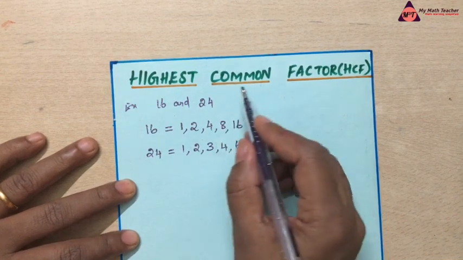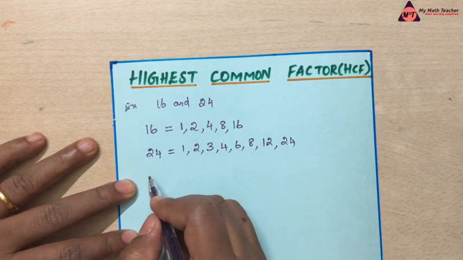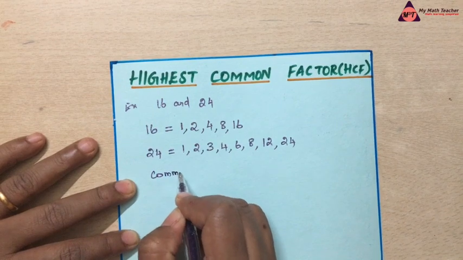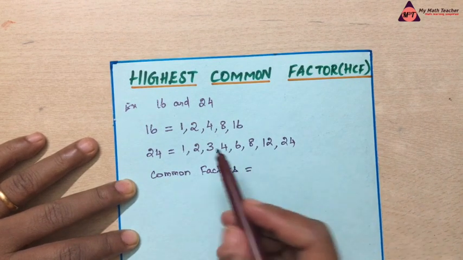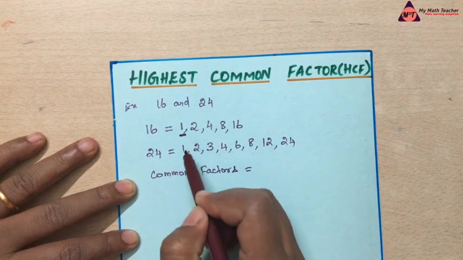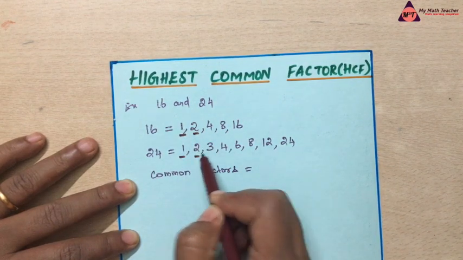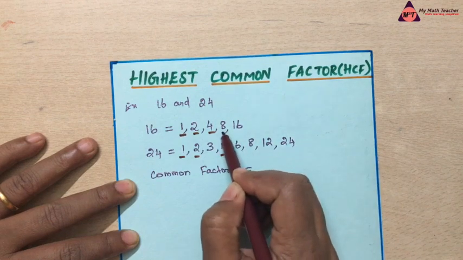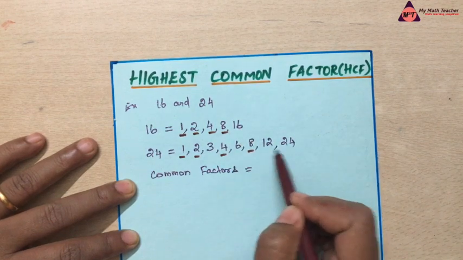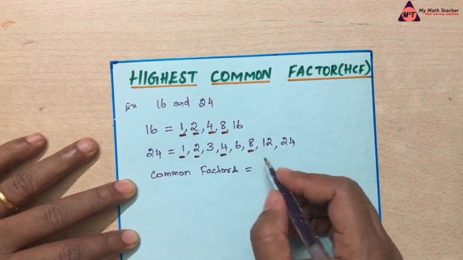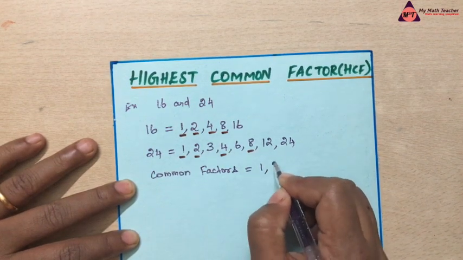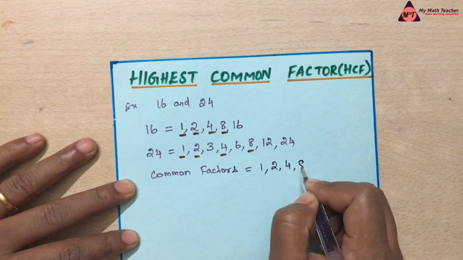Now we have to find the common factors. What are the common factors here? 1, yes, 2 here, 4, 8 we have, and 16 we don't have here. So only these are the numbers: 1, 2, 4, 8.